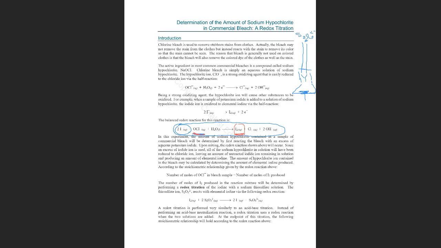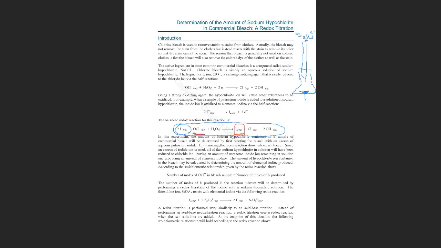So basically, we add excess of potassium iodide to convert all the hypochlorite to elemental iodine, and then we titrate the iodine with sodium thiosulfate.